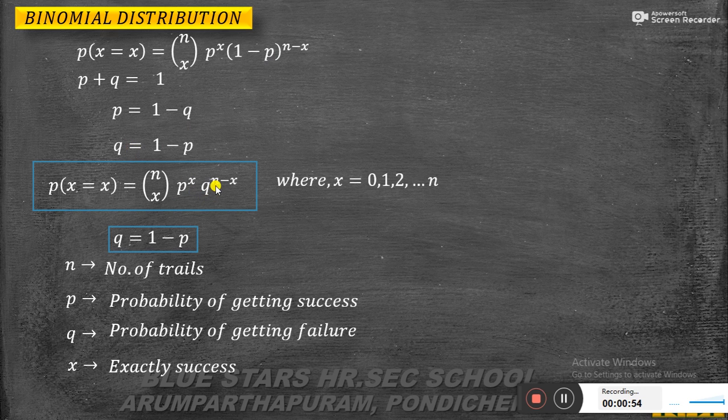So p power x into q power n minus x, where x values start from 0, 1, 2 up to n, and q equals 1 minus p. You see here, n represents the number of trials, p represents the probability of getting success, q represents the probability of getting failure, and x represents the exact number of successes.